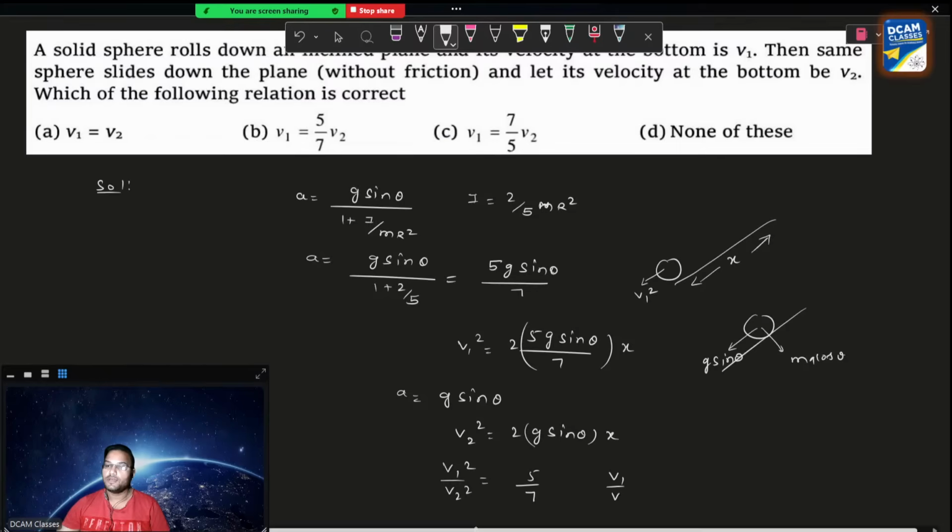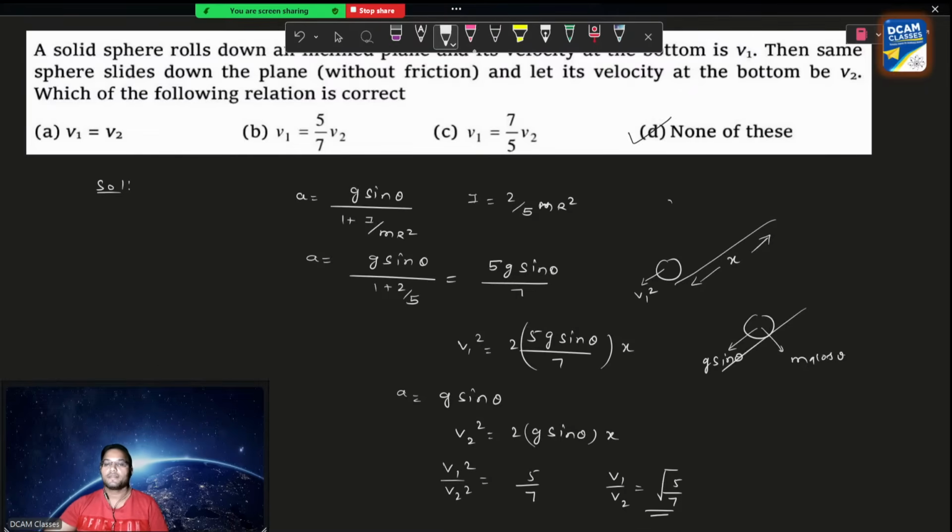So v1 is equal to v2 into root 5 by 7. It will be root 10 by 7? It's none of this. Why? The 2 got cancelled, x got cancelled, g sine theta got cancelled. 5 by 7 is correct.